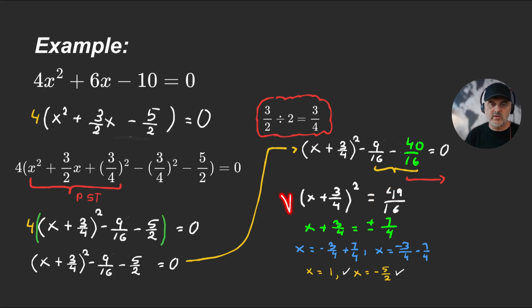You take the square root of this binomial and the square root of that constant. Coincidentally, 49 over 16: each number is a perfect square, so that's beautiful. But the result of that is either positive 7 over 4 or negative 7 over 4.